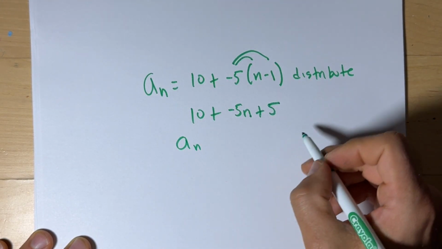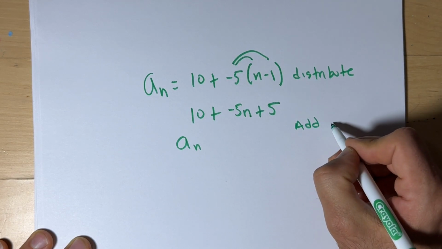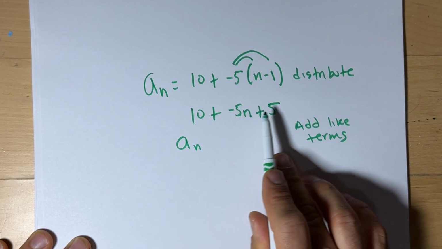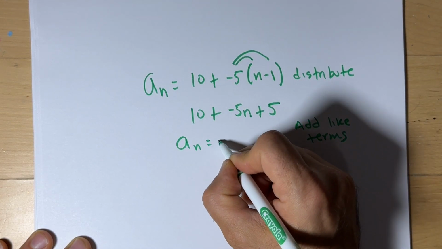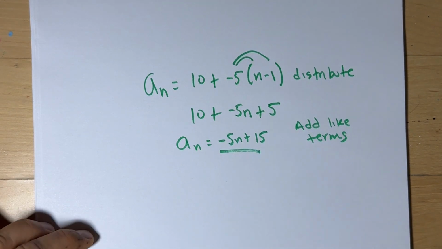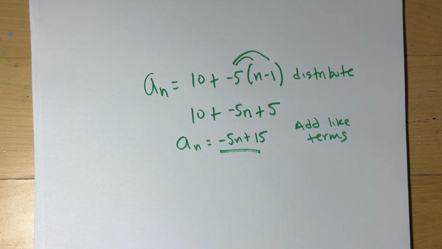We can now add like terms, the ones that are both numbers. And so 10 plus 5 is 15, negative 5n plus 15. So we've simplified that formula, make it look a little neater without the parentheses. That's the arithmetic sequence.